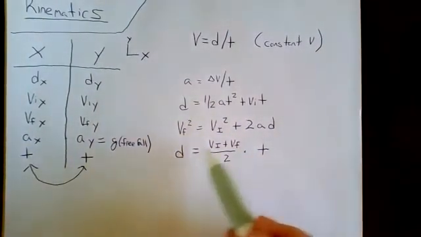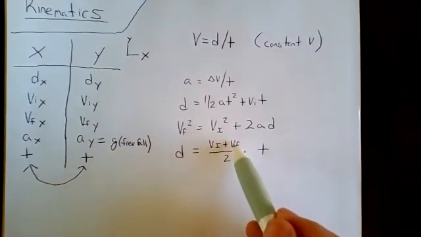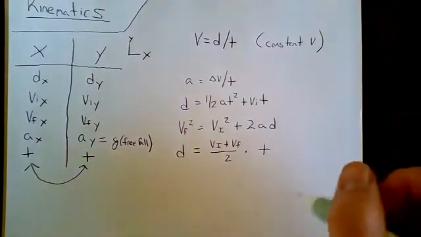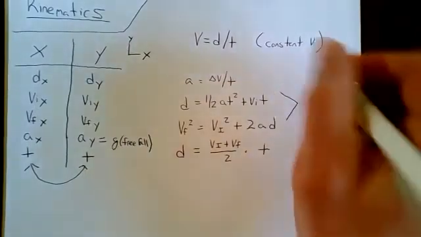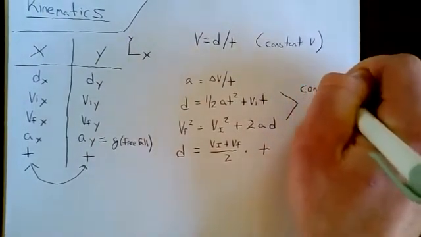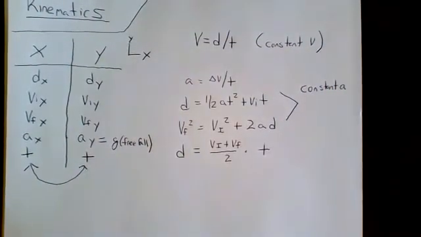Displacement equals your initial velocity plus your final velocity, divided by 2, times time. So average velocity times time also works. And so these notes are here. Now we're not constant velocity, but we're in a constant acceleration situation.